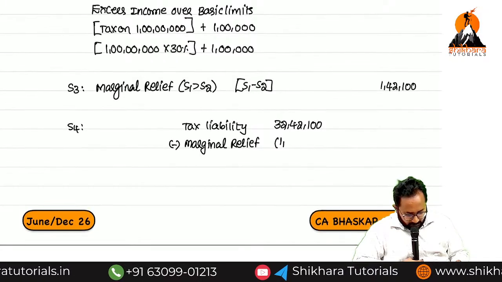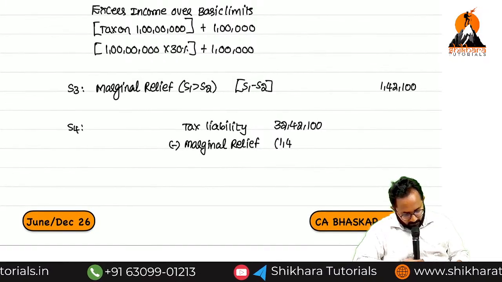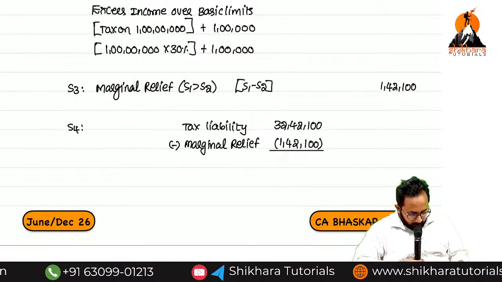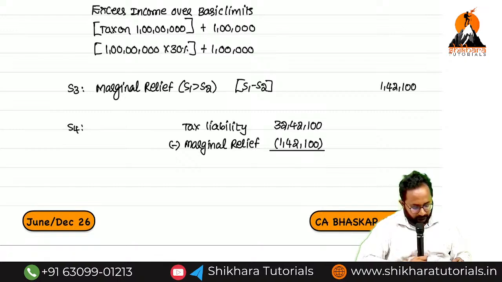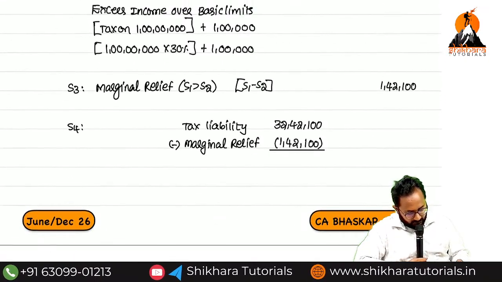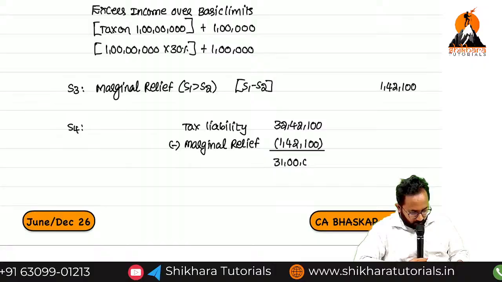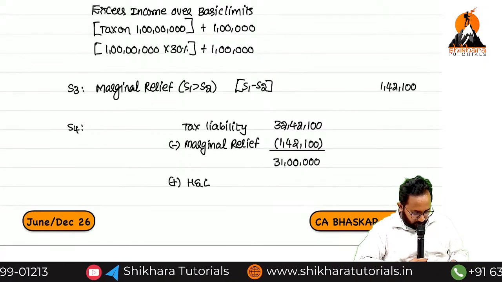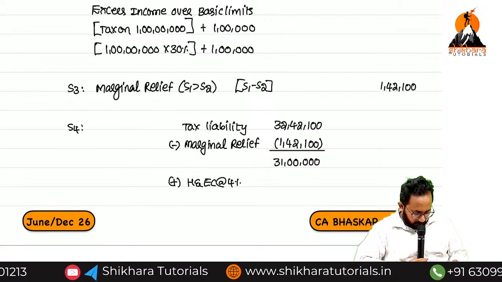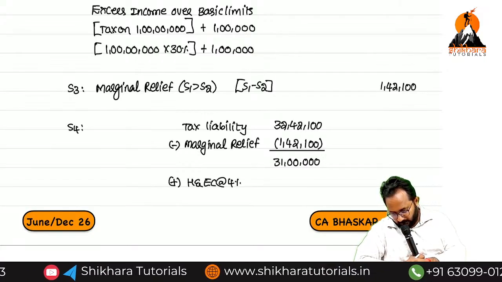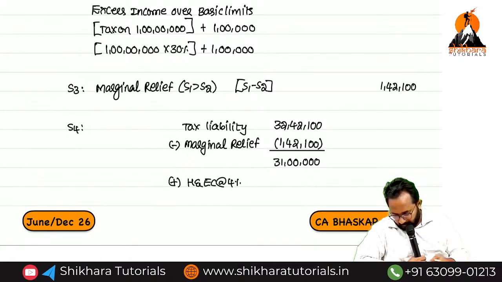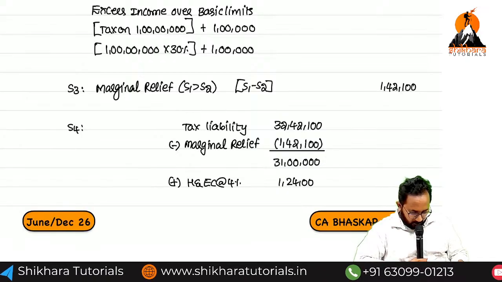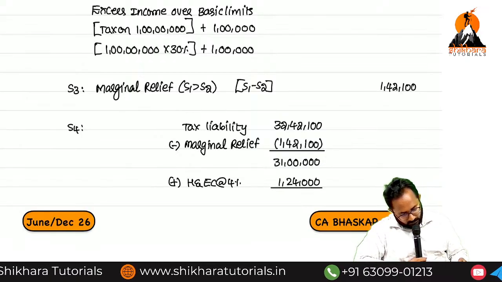As usual, you get the amount in step 2, which is 31 lakh. For this we have to add health and education cess at the rate of 4%, which is 1,24,000. Total 32,24,000. Super.